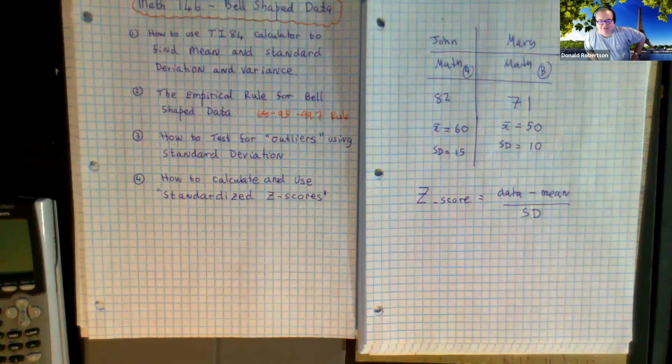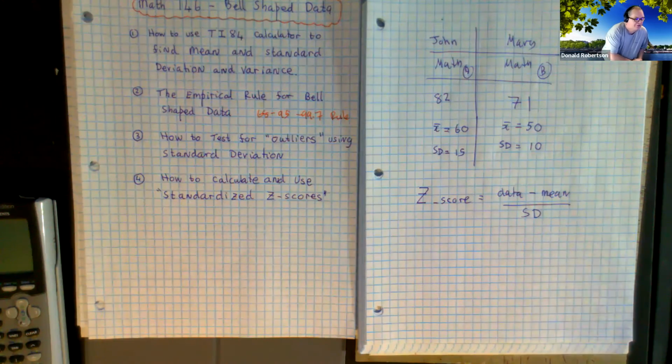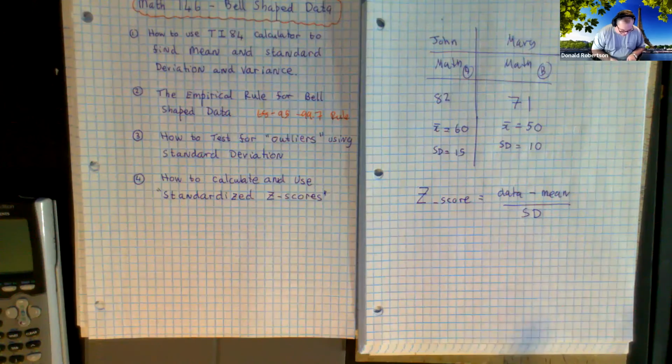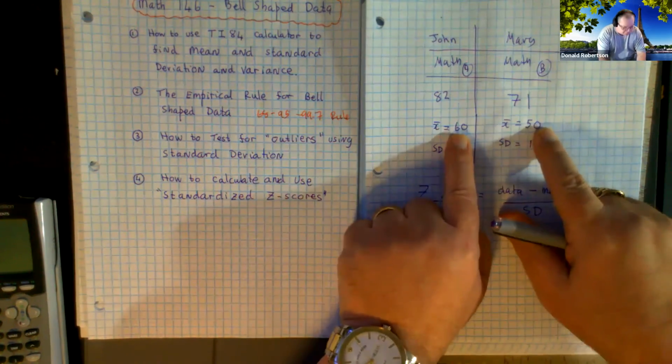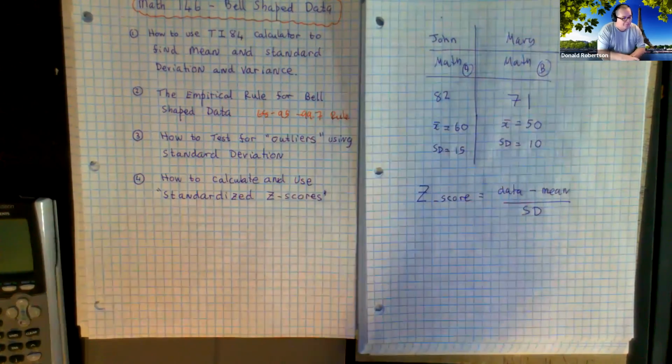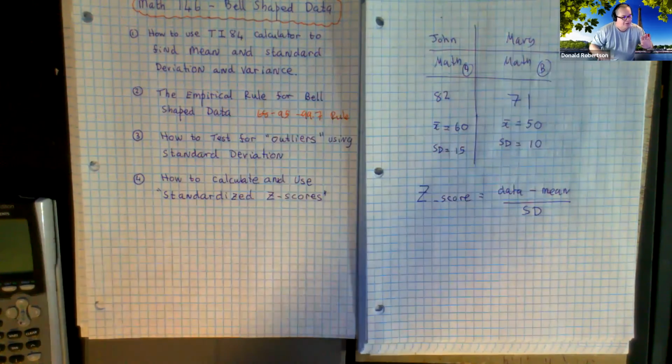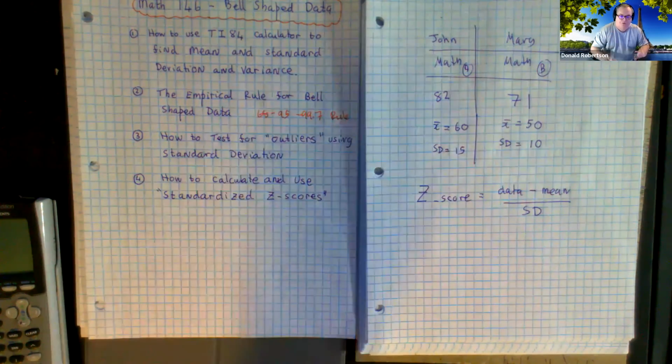And whoever gets the biggest z-score actually was the person who did best. It's harder to get a big z-score. The thing about z-scores is they take into account the mean and standard deviation, right? So they make it a level playing field. So you're comparing as best you can, like with like.